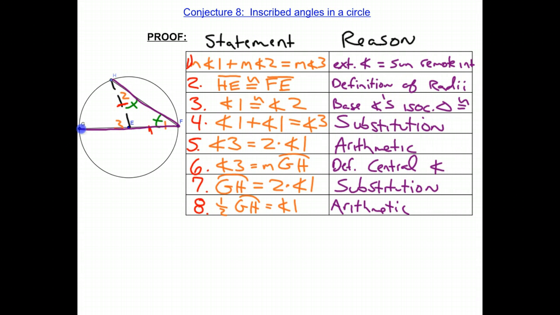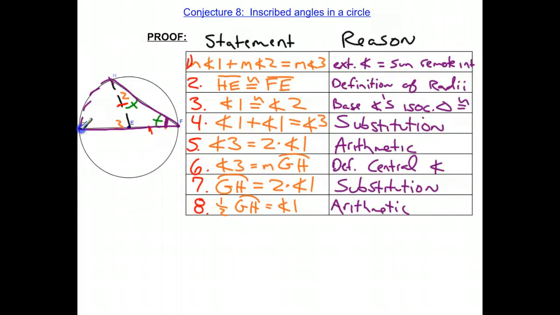It intercepts this arc right here, arc GH, and we've shown here that the measure of angle 1 is equal to 1/2 the arc GH, which is precisely what we wanted to show. So here we've proven, in all cases, that the measure of an inscribed angle will be equal to 1/2 the measure of the arc it intercepts, or 1/2 of the central angle.